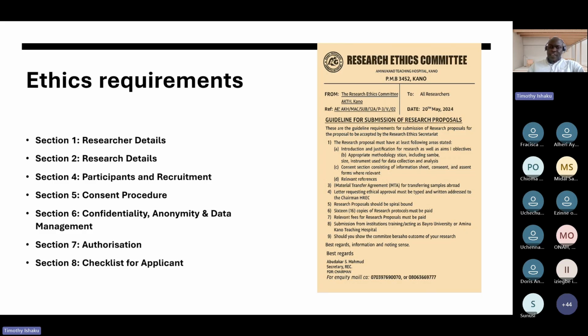So ethics panels, expectedly, should look at the participant information form, whereby you should explicitly and clearly communicate why you want to do the research, the benefit or harm, so that whoever is participating in your research can make an informed decision, based on the knowledge you've given them, whether to participate or not.